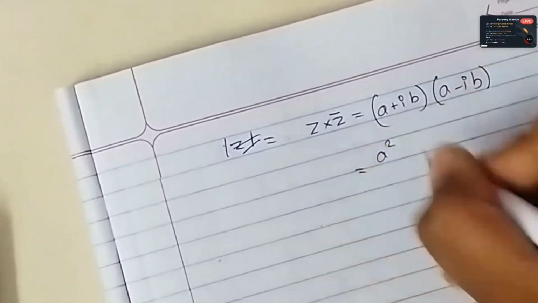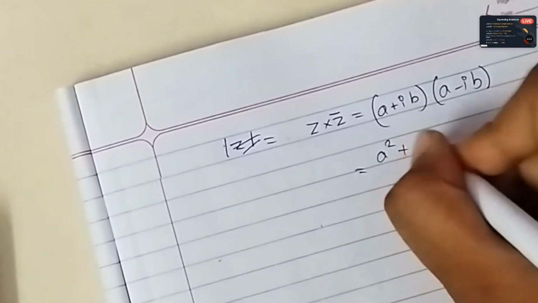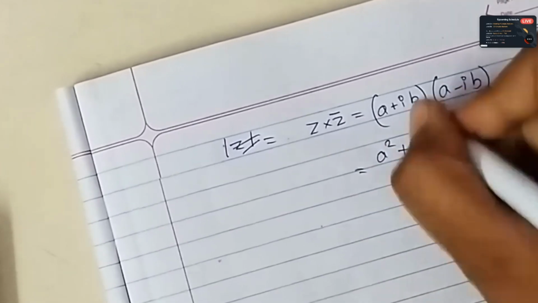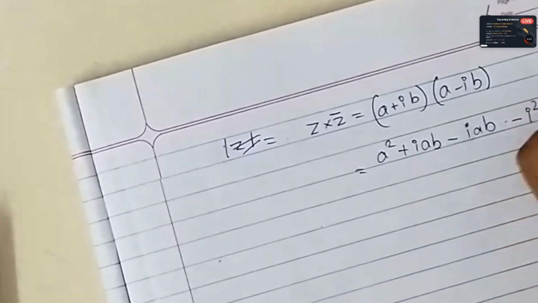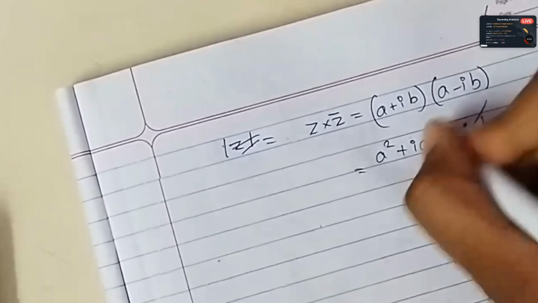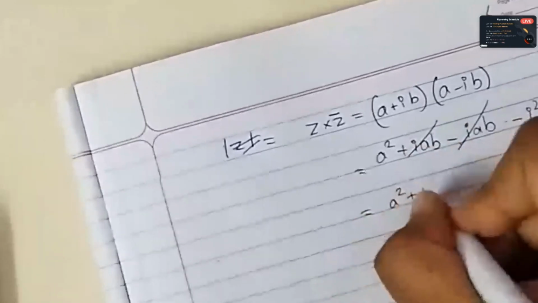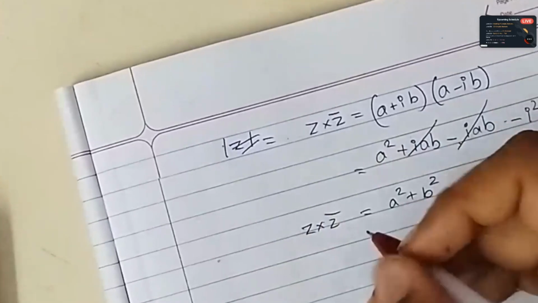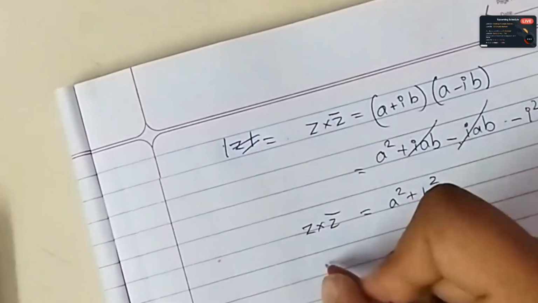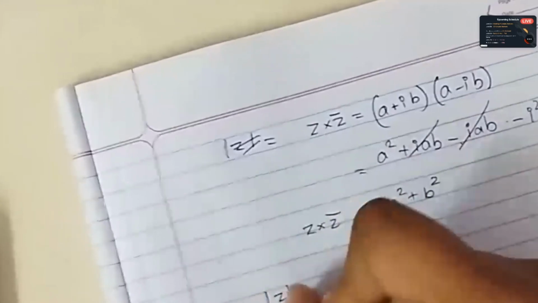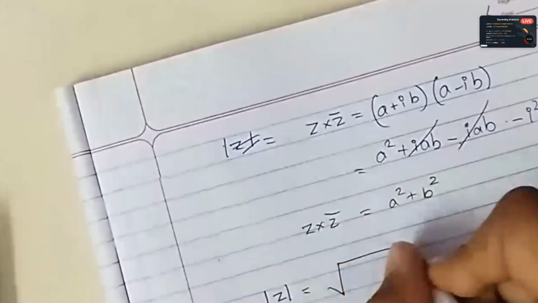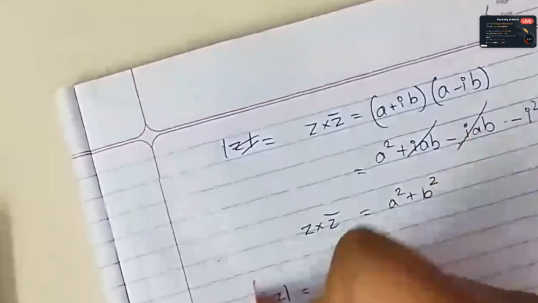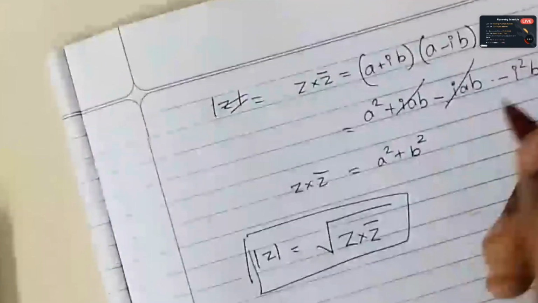It will be a square plus iota ab minus iota ab minus iota square b square. So these cancel, and it's basically a square plus b square, which is z into z conjugate. So the modulus of a complex number is basically the square root of it multiplied by its conjugate. This is the property that we use for division.